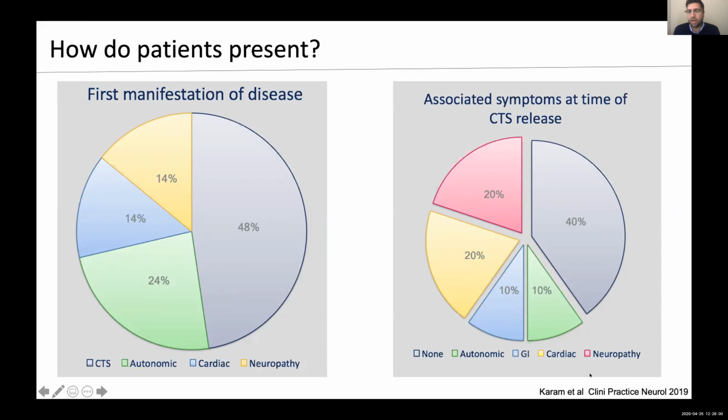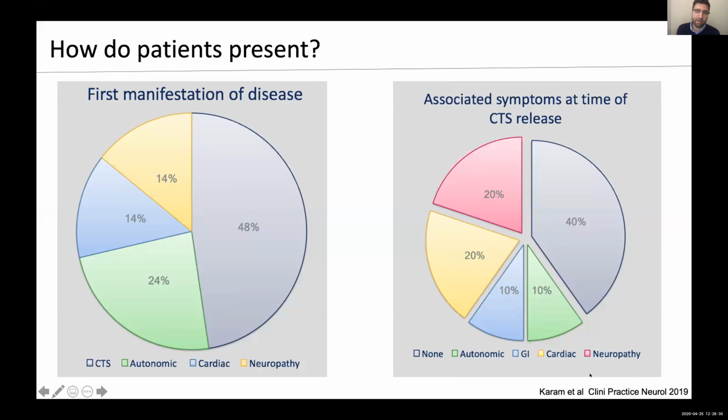So 20% had also neuropathy, 20% had cardiomyopathy, and another 10% had dysautonomia or GI dysfunction. So basically, when you have carpal tunnel syndrome, we ask our doctors and our fellows to screen for cardiac involvement, neuropathy involvement, GI involvement, or dysautonomia, because this could lead to the correct diagnosis.